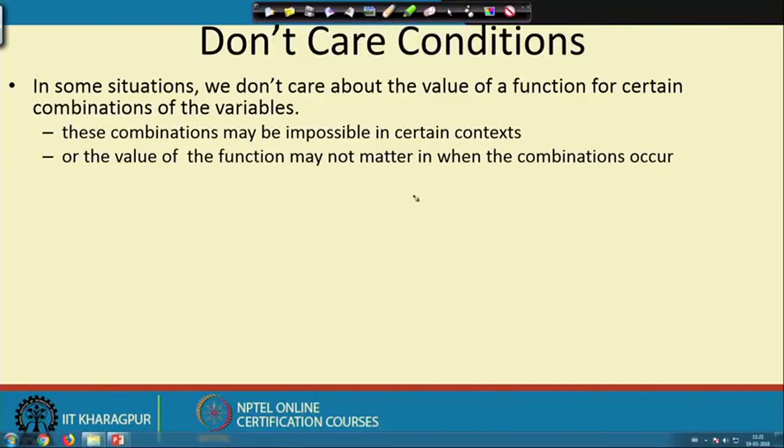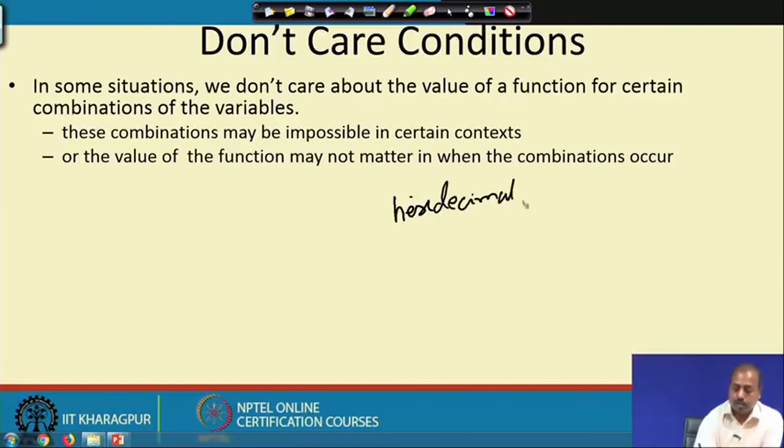Say I am doing a conversion, like with the hexadecimal number system. This hexadecimal value can go from 0 to f, so to represent 0 to f, I need 4 bit values.